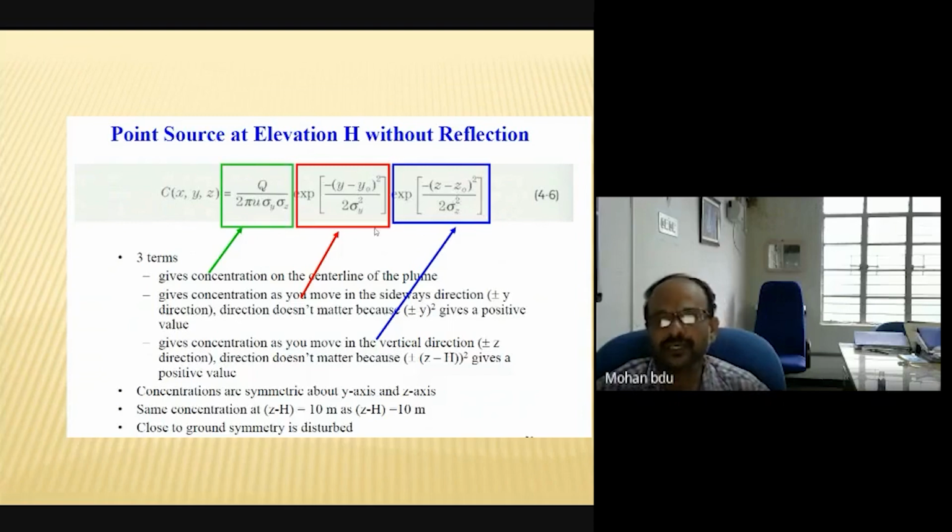So sigma Y and sigma Z, the coefficients, are actually arrived at based on the diffusion parameters, which are available in all the air pollution textbooks.